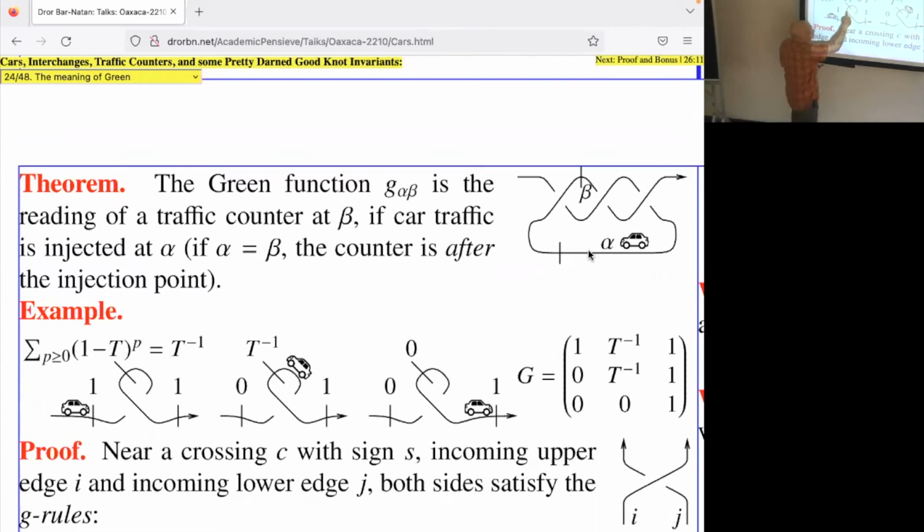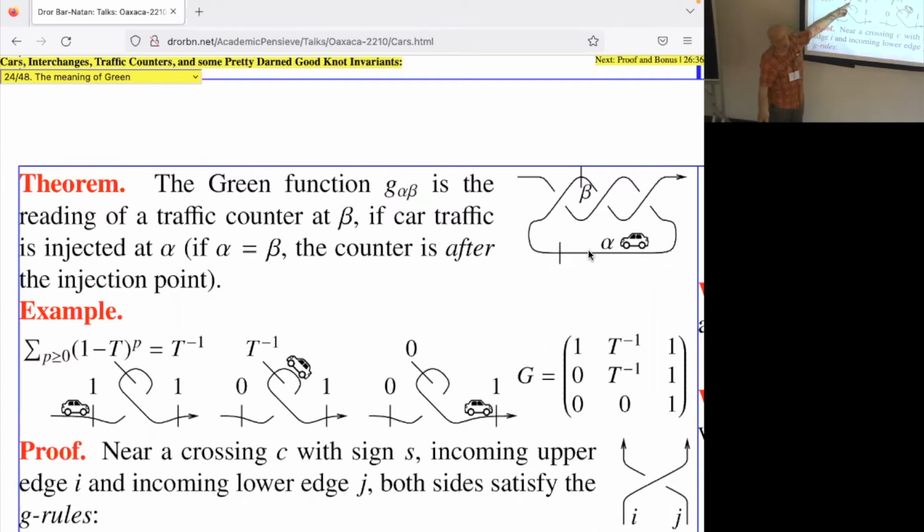But then it will continue and it may drop again. So it will also measure, with probability (1 minus t) squared, another count. Basically, the counter placed here will measure the sum over p greater than or equal to 0, where p is the number of times you went around, of (1 minus t) to the power p.